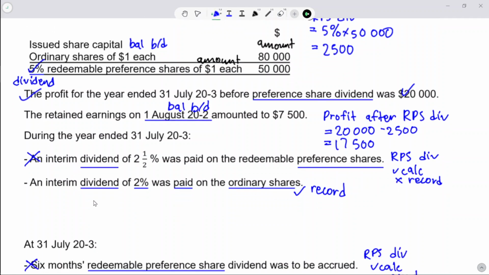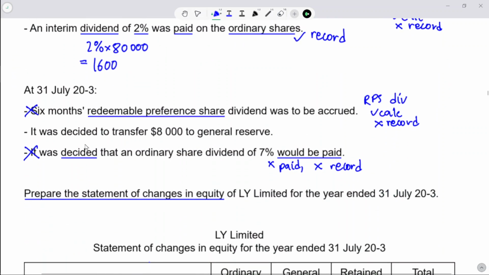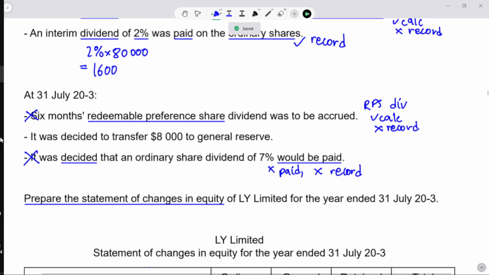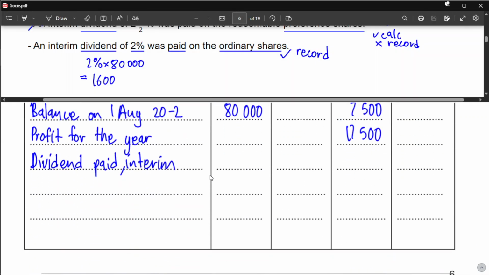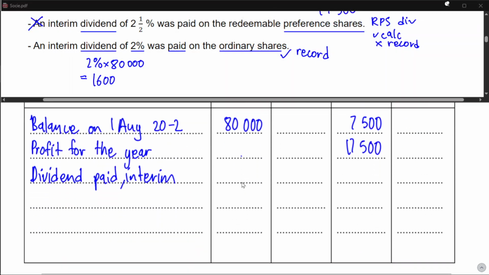So the dividend will be 2% times 80k, which is equal to 1,600. Yeah, 1,600.